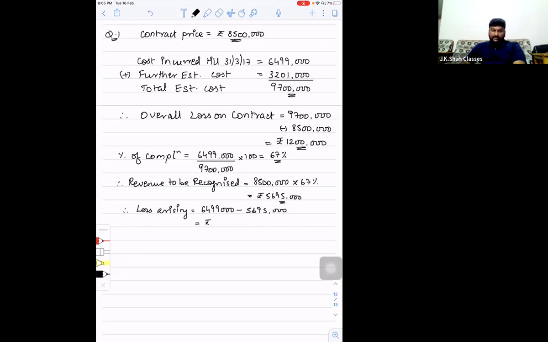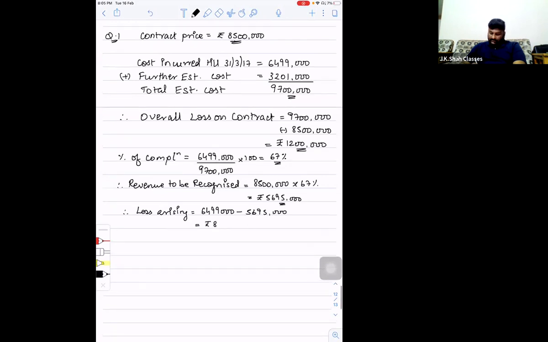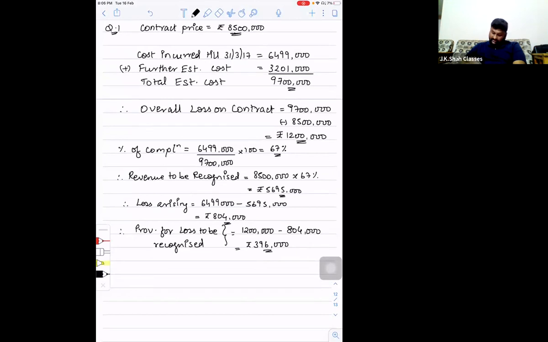Can anybody please calculate this for me? Sir, it is 8,04,000. The actual loss that will arise, right? So therefore, provision for loss to be recognized will be what? Sir, total loss is 12 lakh, but out of that only 8,04,000 will be recognized. So technically 3,96,000 is the provision for loss to be recognized.